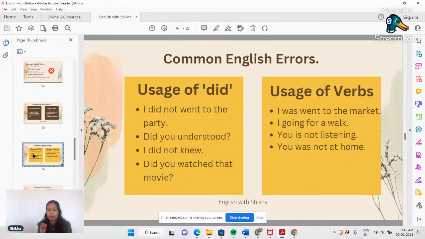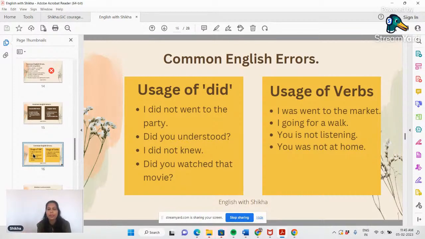No, with "you", we always use the plural form of the verb: you are, you were, you have. Understood? So, "you are not listening." Again, the second last sentence is "You was not at home." Is it correct? No, it is not correct. "You were not at home."